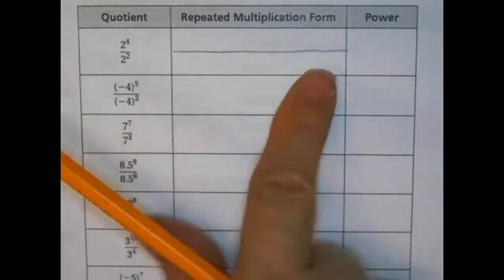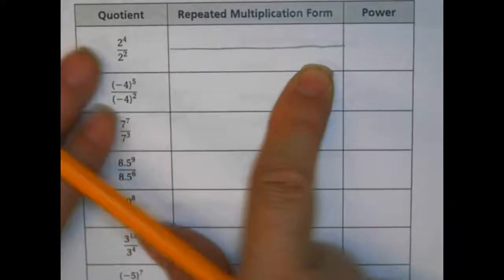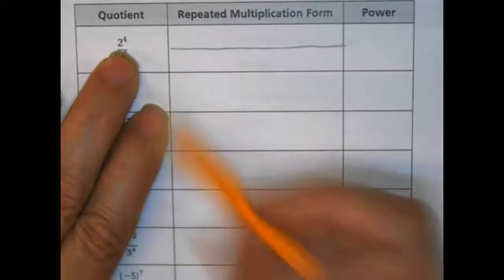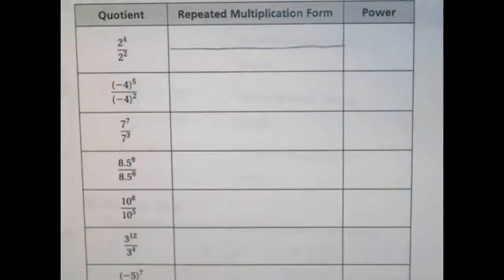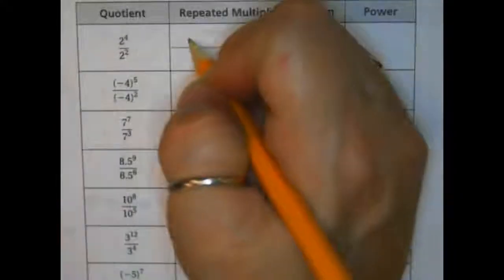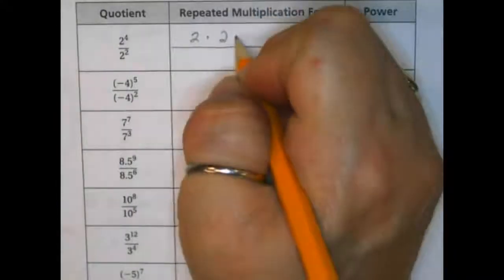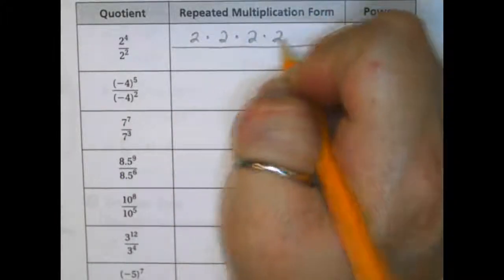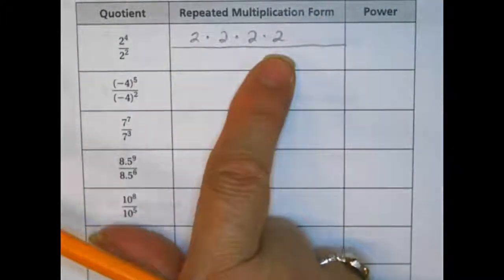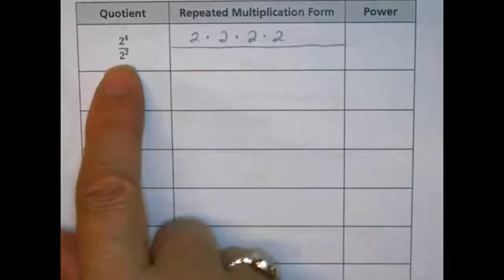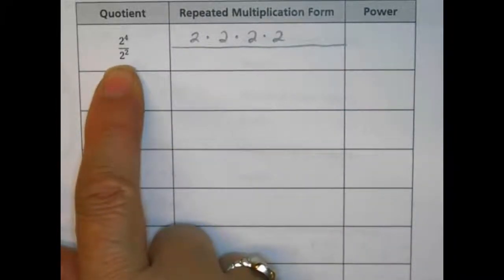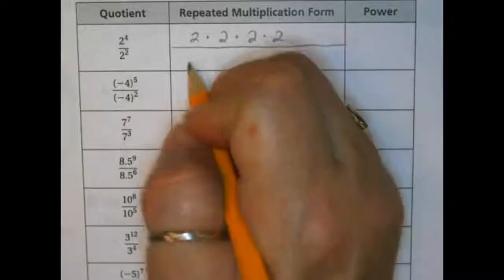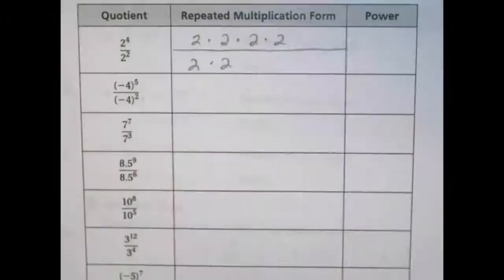So I'm going to put a fraction bar in here, and write out my numerator and my denominator as repeated multiplication. This is going to be 2 times 2 times 2 times 2, because that's 2 to the 4th power. And my denominator says 2 squared, which is 2 times 2, correct?